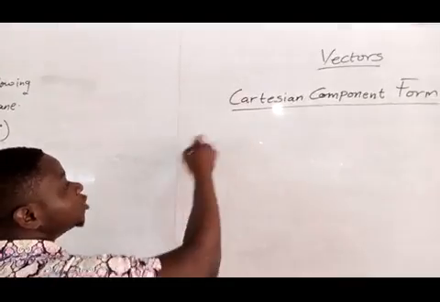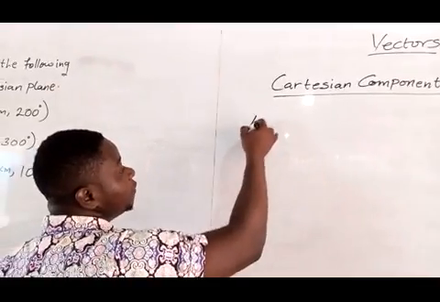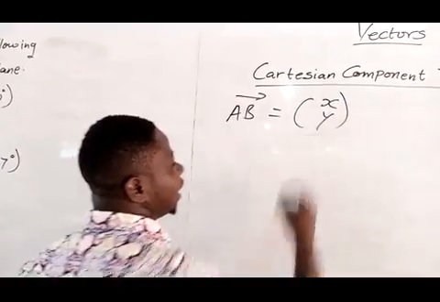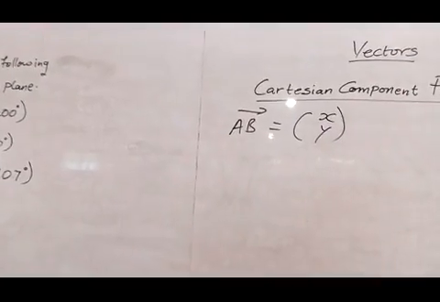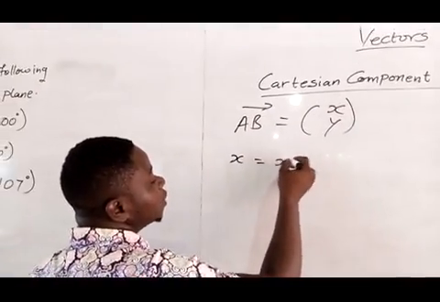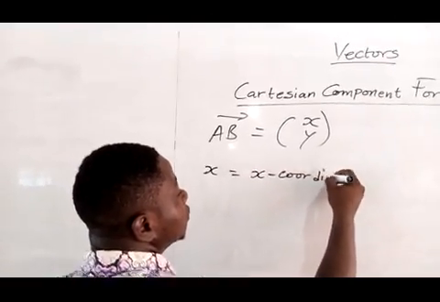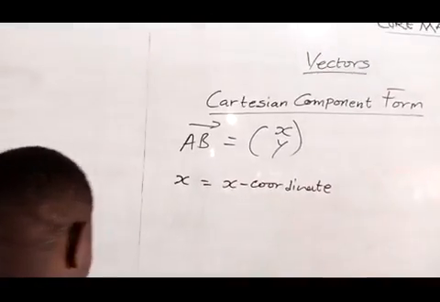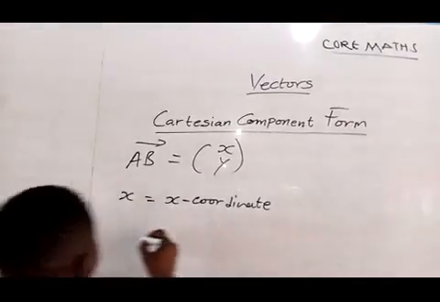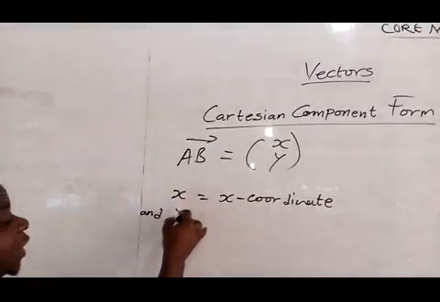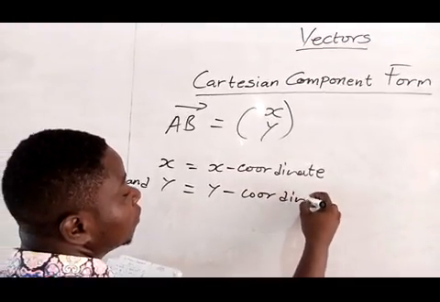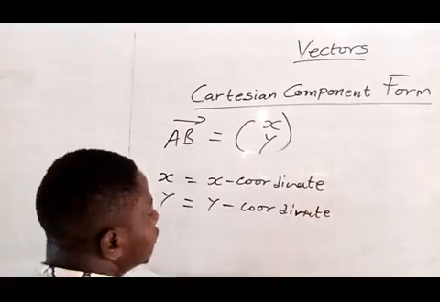So for a vector to be written in the Cartesian component form, say vector AB, it is going to be in the form (x, y), like that, where the x represents the x coordinate and the y represents the y coordinate.